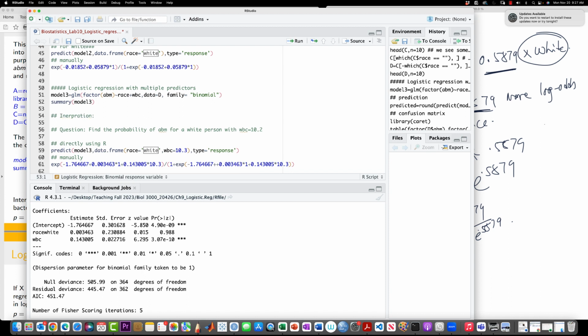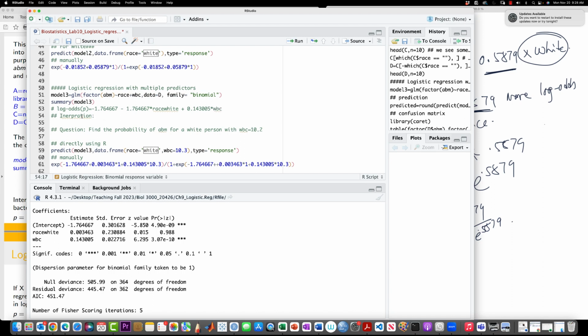The equation is, let me write it this way: log odds of p equals b0 plus b1 times race white, and then we don't need plus, this is minus, and then plus this number times WBC. That's the equation, right?